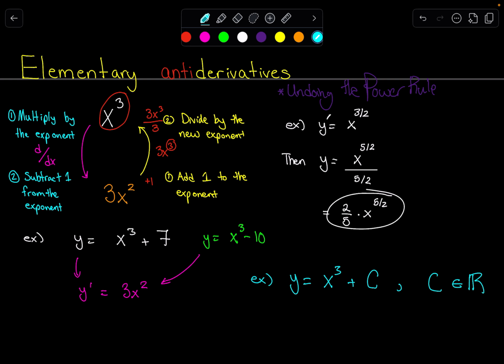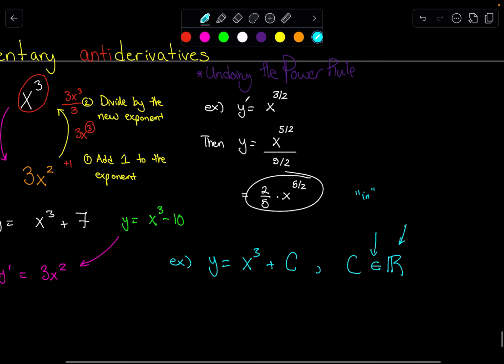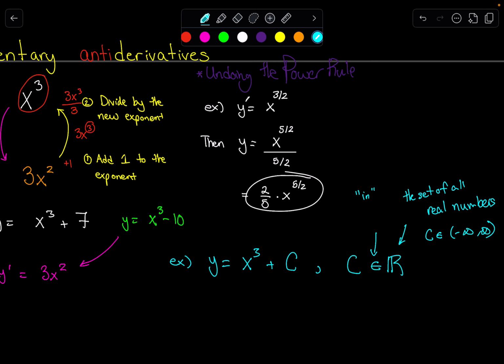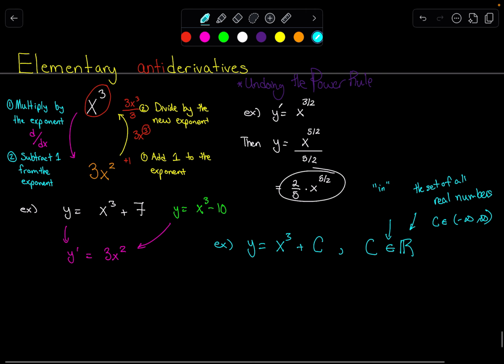So this notation here really means "is in", and this double bold-faced R here is the set of all real numbers. Or you could also write it as c is in the interval from negative infinity to infinity. Just some fancy notation that means c could be any real number.